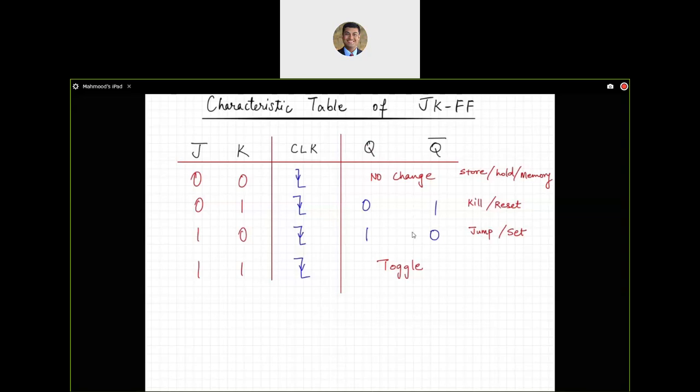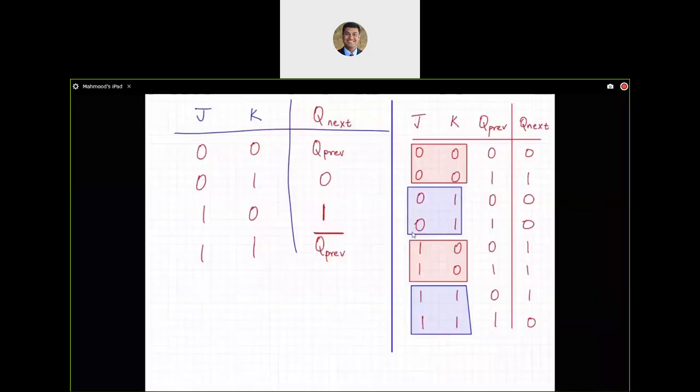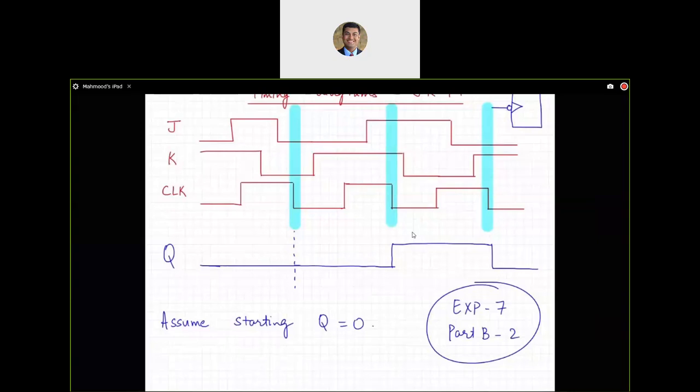And the last thing that we were talking about the last time, after we looked at this characteristic table, is that we also looked at a timing diagram. So we sketched arbitrary waveforms for J, K, and clock, and then we tried to sketch the output of the JK flip-flop.